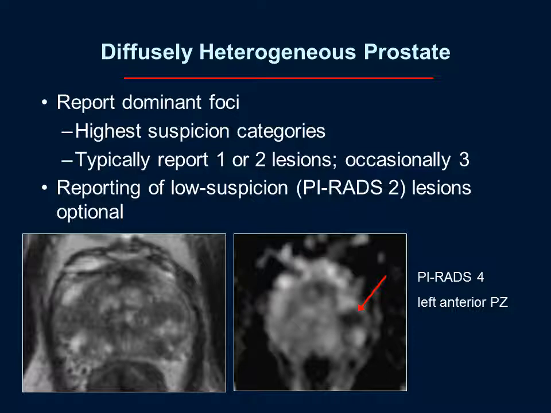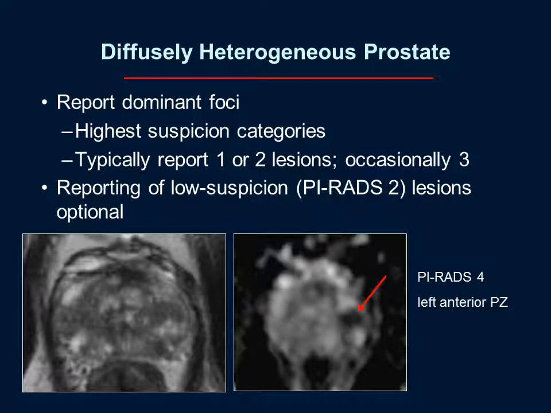One situation that occasionally will be encountered is a diffusely heterogeneous prostate with potentially numerous lesions we could describe, and this can be challenging. In general, we'll report just the dominant foci, those with the highest suspicion categories. In our practice, we typically report 1 or 2 lesions, occasionally 3, not really more than that.